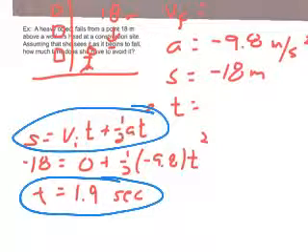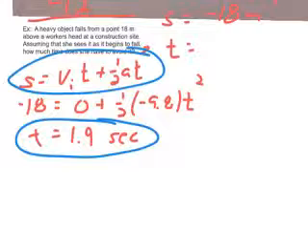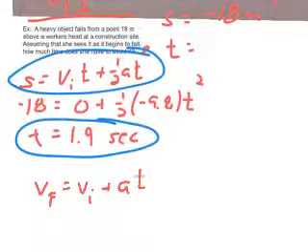It's like 1.91 seconds. Alright, so this is how much time she has before the thing hits her in the head. If the problem also said, what's the final velocity, or what's the velocity with which it would have hit her in the head, you could continue on and use one of the other equations. I think almost any other one will now work. For example, the first one, v sub f equals v sub i plus a t.